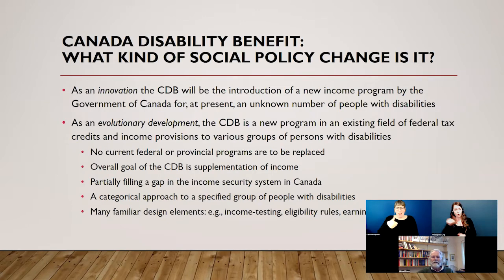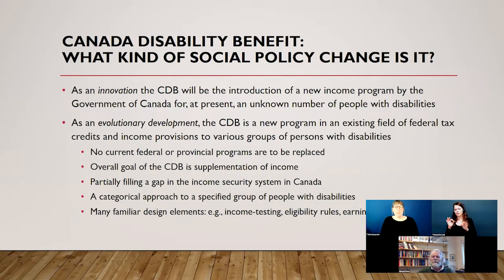And so the challenge then is, how does the new program fit into all these existing programs, which have very different eligibility rules and coverage and delivery systems? The goal is to fill a gap in the income security system. It's not to address supports or services in the healthcare or education or housing or social services area, although of course it will have many implications for how people access or qualify for those other benefits.